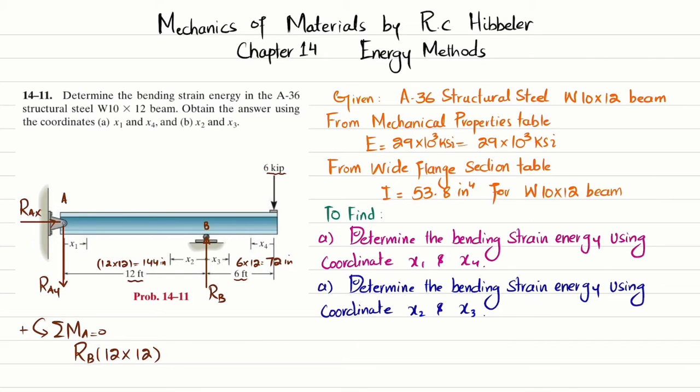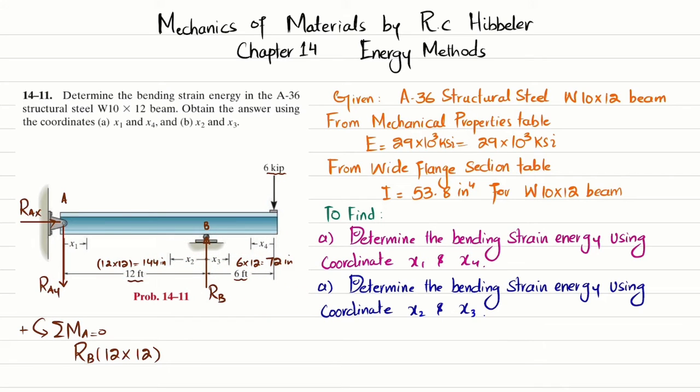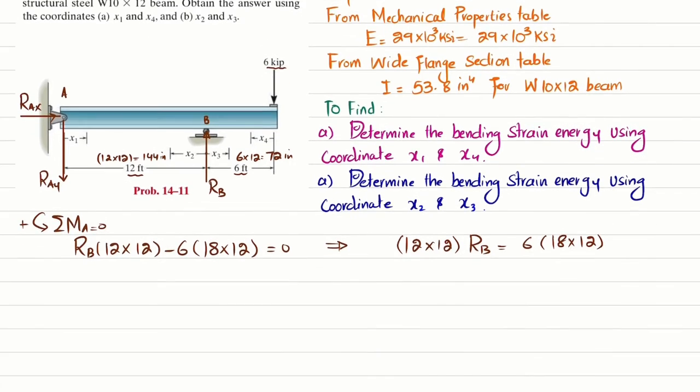The second moment is due to this 6 kips load, and the perpendicular distance is 18 feet, so I will write 18 multiplied by 12, converted into inches. This produces clockwise moment, so it is negative: minus 6 multiplied by 18 multiplied by 12 is equal to 0. From here, 12 multiplied by 12 times RB is equal to 6 times 18 multiplied by 12, so 12 RB equals 6 multiplied by 18.